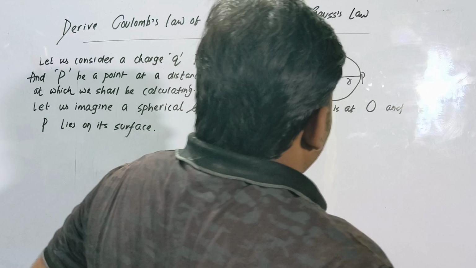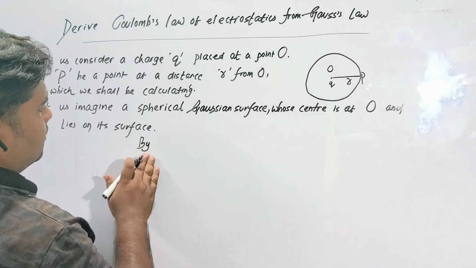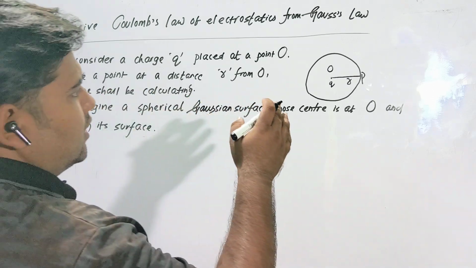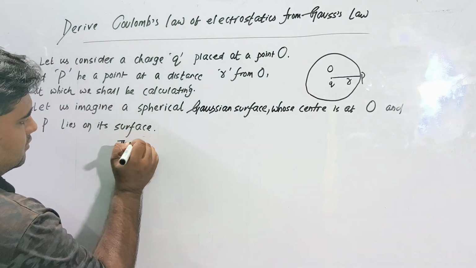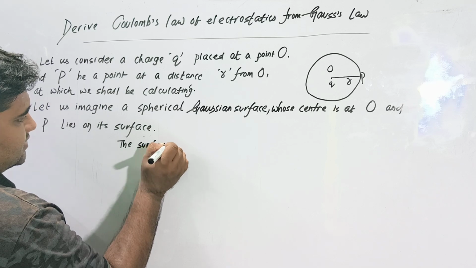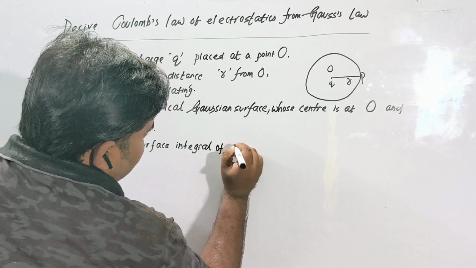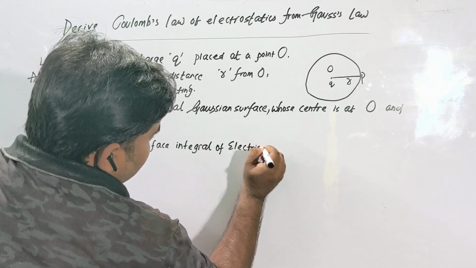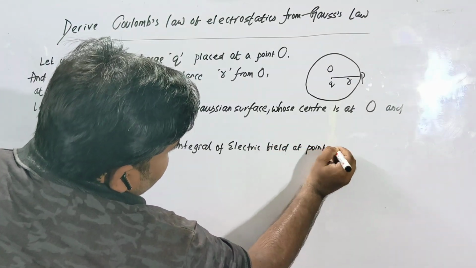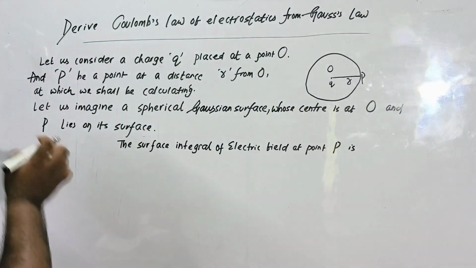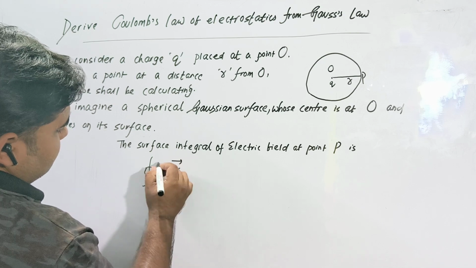This is your spherical Gaussian surface, and by Gauss's theorem, the surface integral of the electric field due to this charge at point P is the closed integration of E dot ds.